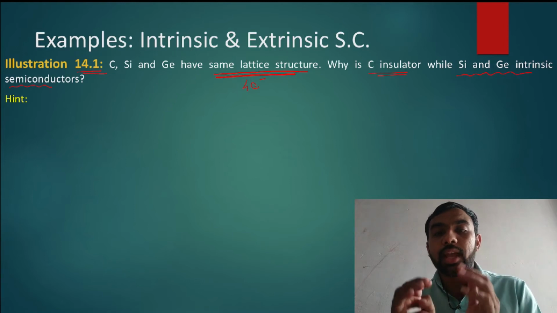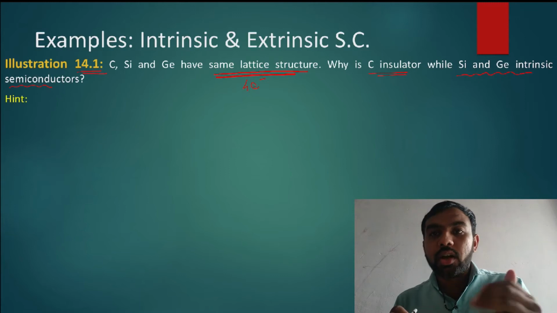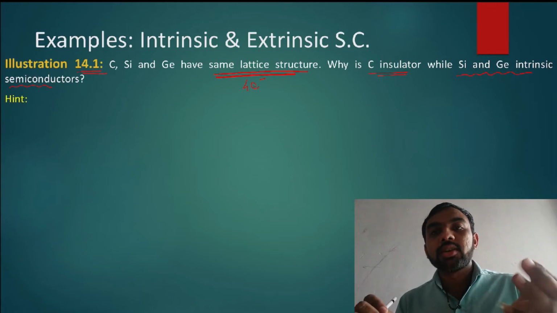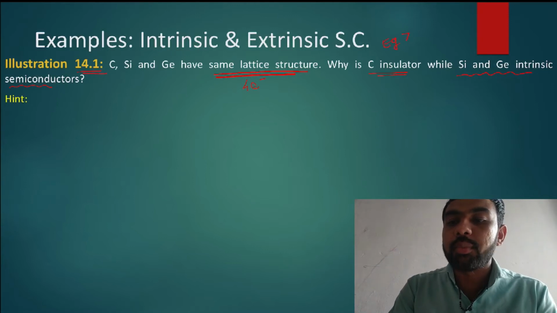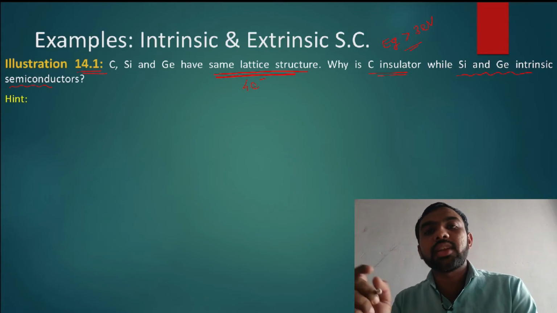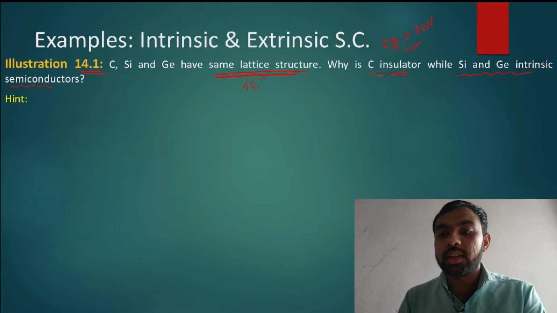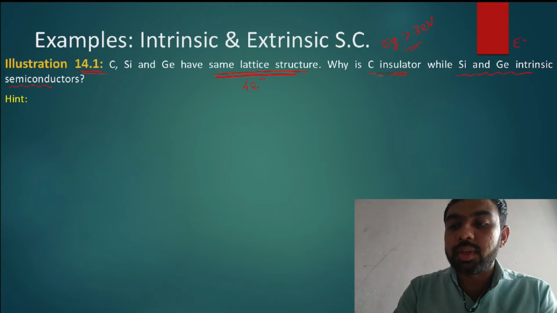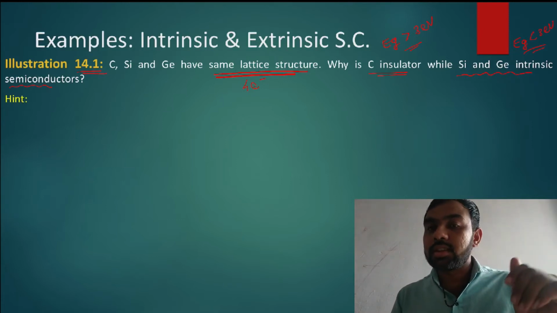You must note this: if the energy gap is greater than 3 electron volt, then the substance behaves like an insulator, and if the energy gap is less than 3 electron volt, then the substance behaves like a semiconductor, as we discussed in our previous sessions.